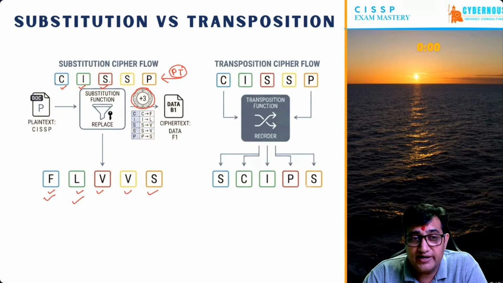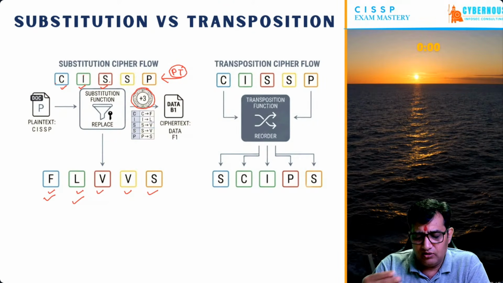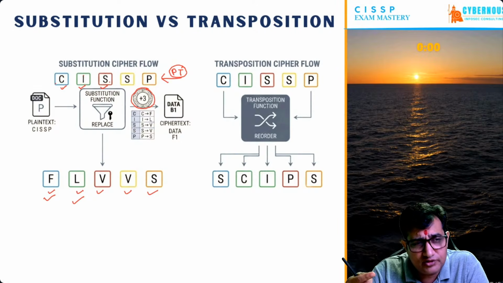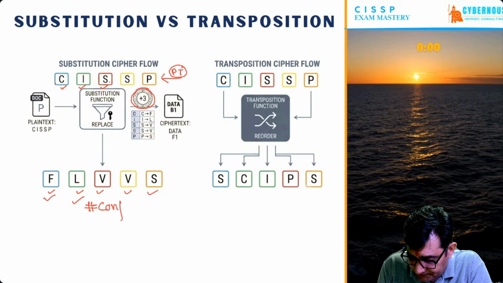And that is called a substitution cipher. Now this looks very simple, but it actually adds a lot of confusion to the attacker's mindset whenever he is trying to break the cryptography. So when we use a substitution cipher, it actually leads to confusion.